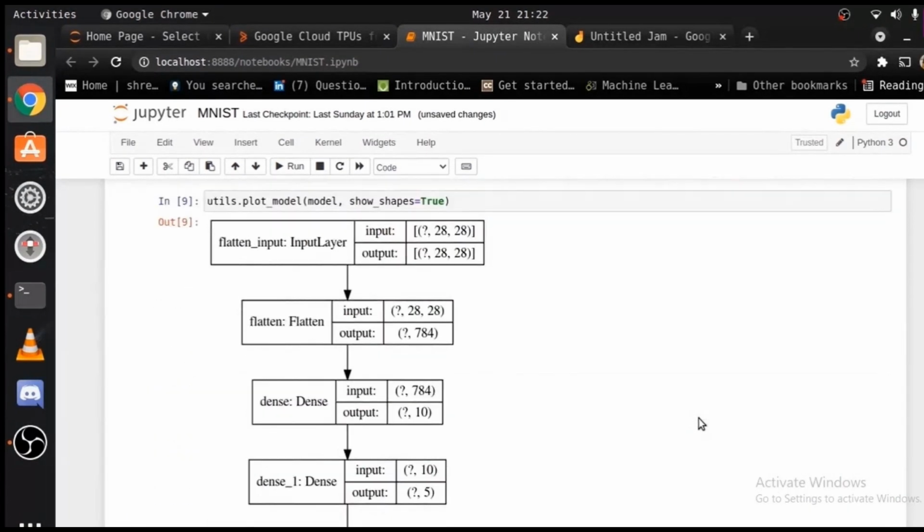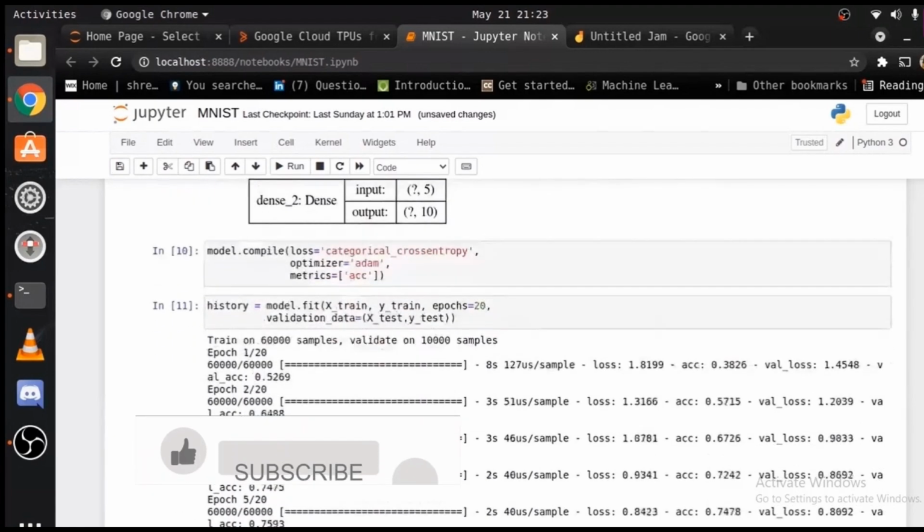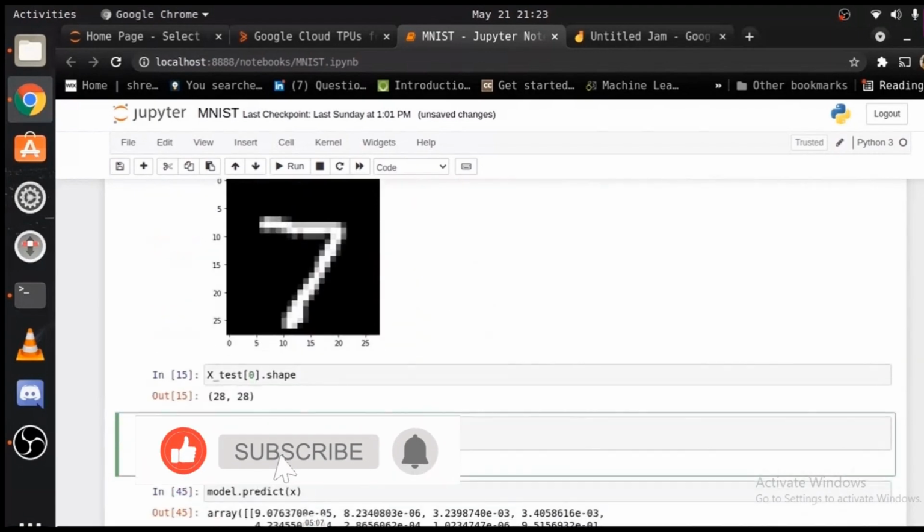If you remember the architecture here, we had an input which was question mark, 28, 28. So this was the shape in which the model was trained. So this is the shape where it will take the inputs also for prediction. So that means if you are predicting, you have to change the shape to this. So obviously the question mark was for batch, but here we are testing on one data.